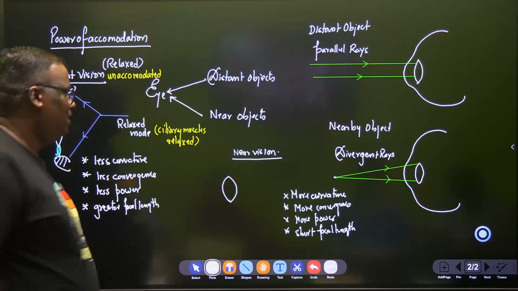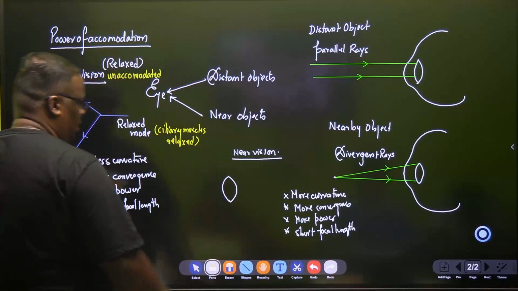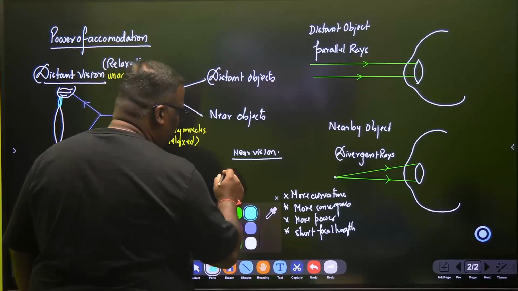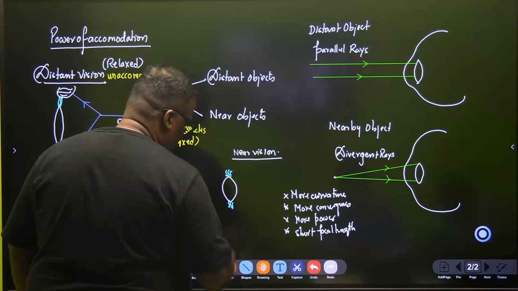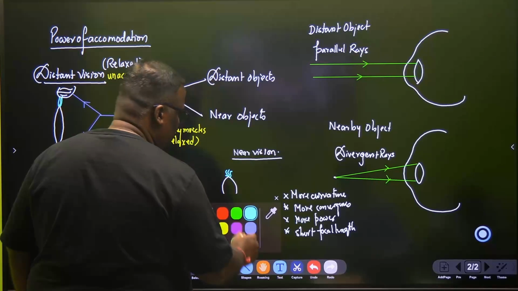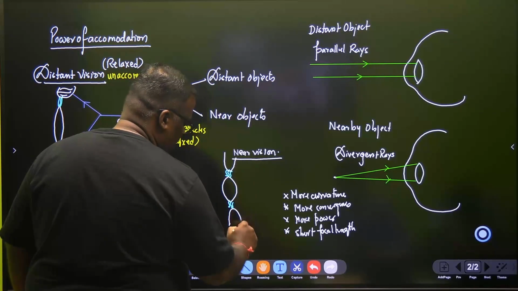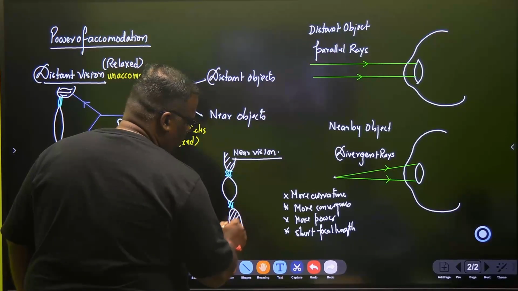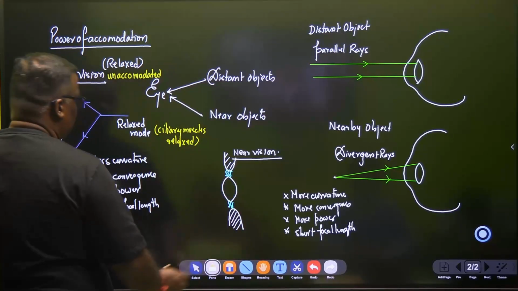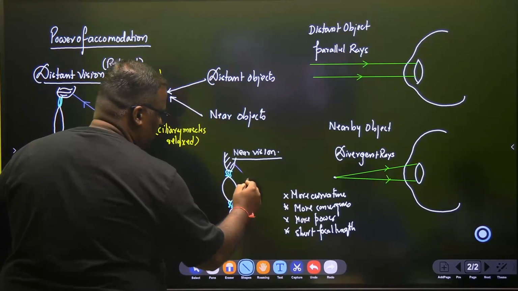Not bad. More power. So let's see what is happening now in terms of our ciliary muscles and suspensory ligaments. Now suspensory ligaments will be relaxed, but we are not supposed to study by suspensory ligaments. We will study by the ciliary muscles. Our ciliary muscles will now be in strained mode.